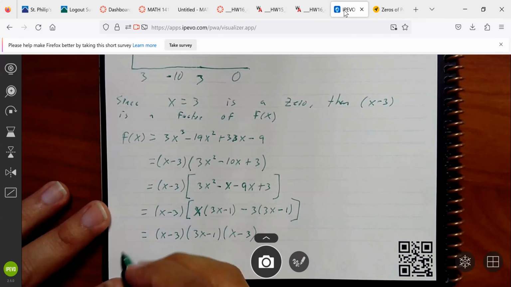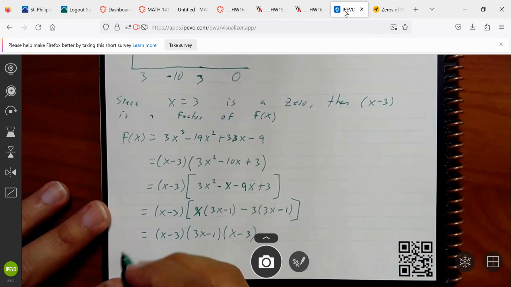The step I haven't shown is you set each part to 0 and solve, right? x minus 3 squared equal to 0. The answer has to be 3. This is my side work over here. 3x minus 1 equal to 0. Solve for x and you'll get 1/3.